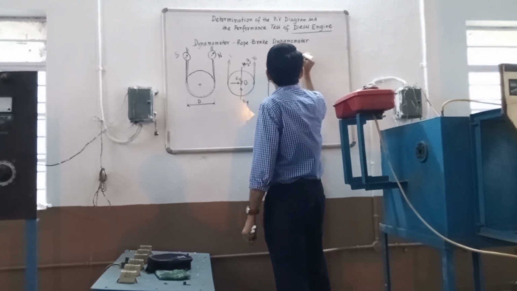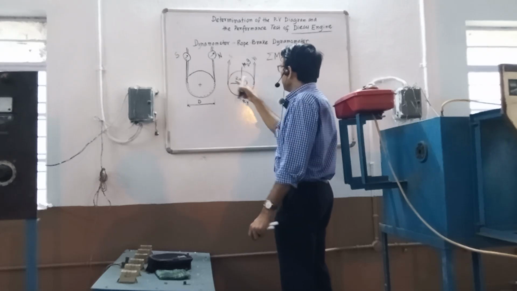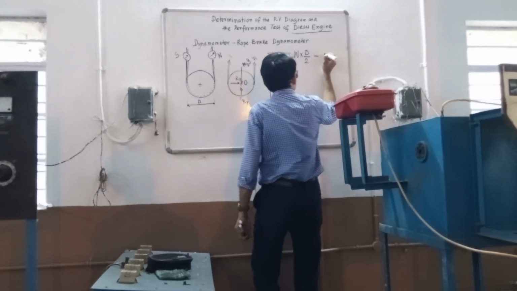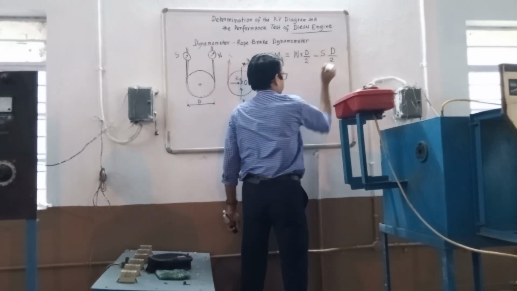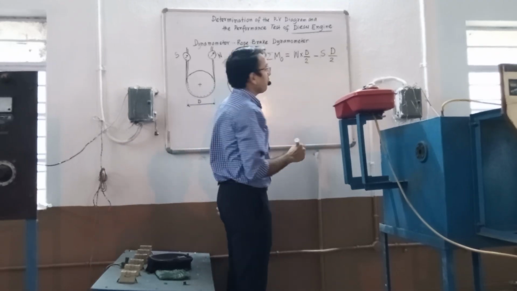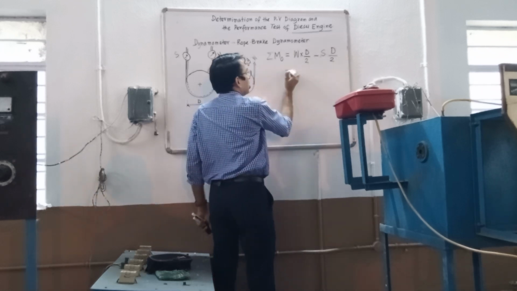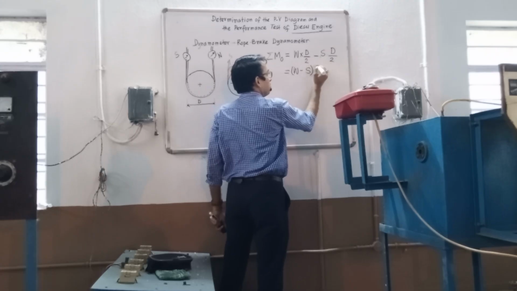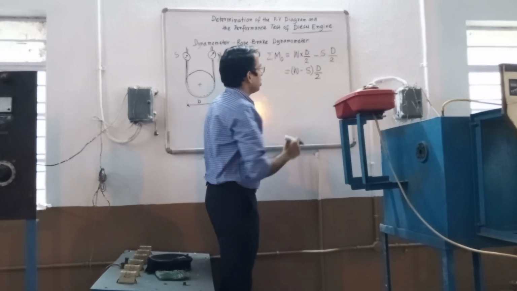So W multiplied by d by 2 minus S multiplied by d by 2, that is the torque, the resultant moment. Therefore it will be W minus S into d by 2.